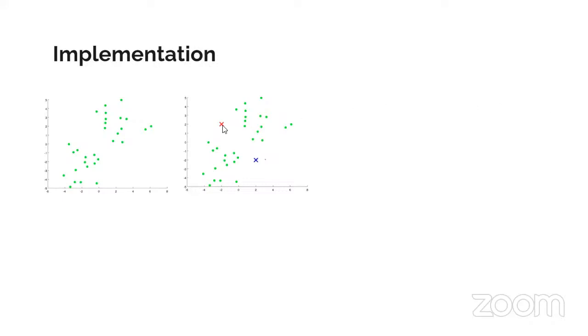Okay. So, this point. Which cluster should I assign it to? Is it closer to the red one or closer to the blue one? That point is closer to the red one or closest to the blue one?